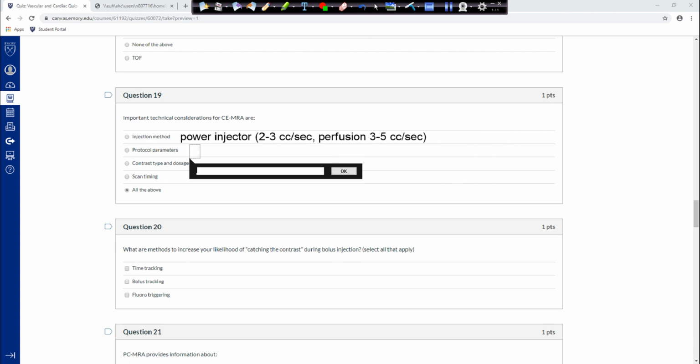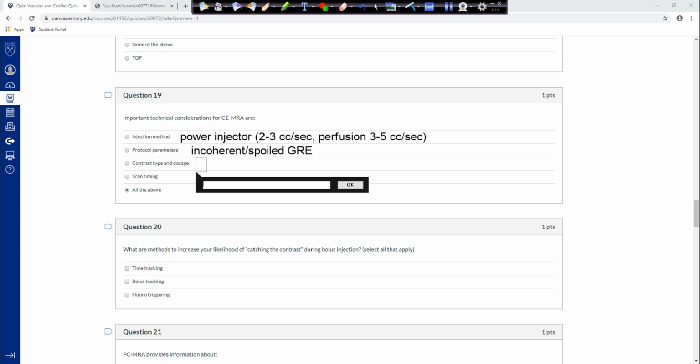Protocol parameters. Basically, we're using an incoherent or spoiled gradient echo pulse sequence, where we're imaging very fast. Dosage, you guys know how to calculate for the contrast dose.